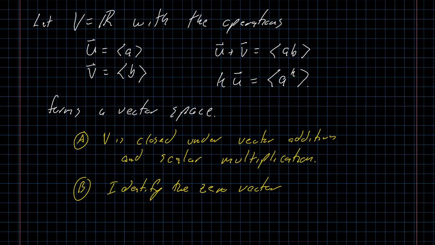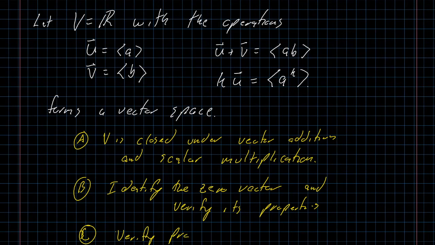I'd like you to identify the 0 vector and verify its properties. And I would like you to verify the properties of 1. Right, so that's 4 of the 10 properties of a vector space.